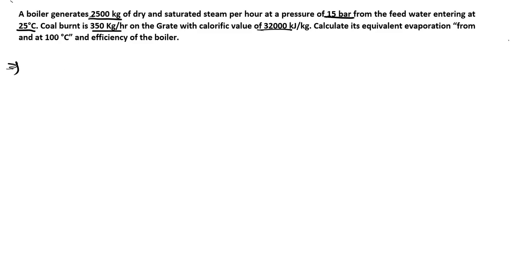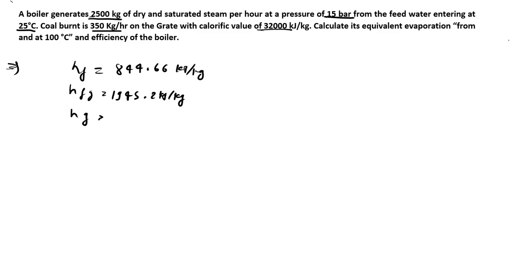If you look at your steam table at a saturation pressure of 15 bar, you will get that the value of hf is 844.66 kilojoule per kg, the value of hfg is 1945.2 kilojoule per kg, and the value of hg is 2789.9 kilojoule per kg.